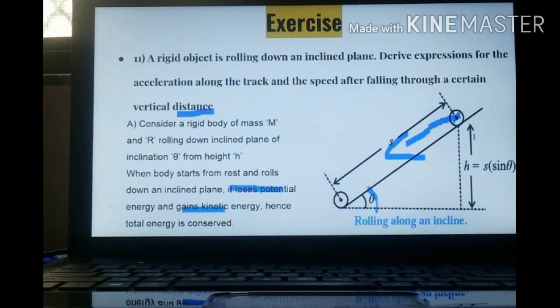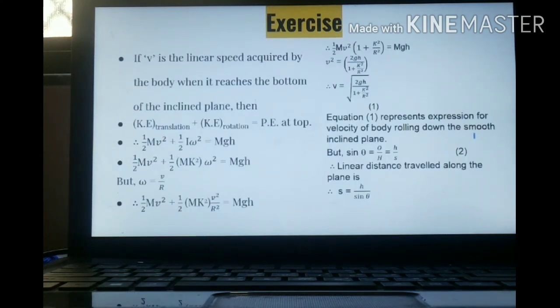We have already studied in the previous one that kinetic energy consists of two types: kinetic energy due to translation and kinetic energy due to rolling. But whenever this bob was at a certain height, which form of energy was it having? Potential energy.